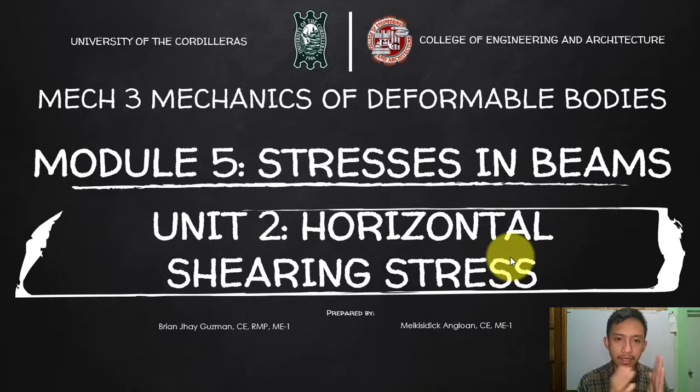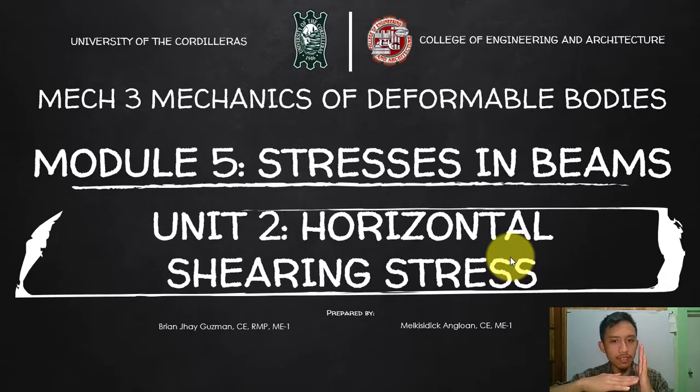This time, together with that bending, if there are now shear forces, and let's say there are additional horizontal forces on the beam, then in the cross section there will be what we call a horizontal shearing stress. The area resisting that shearing stress is the area perpendicular to the cross section, which means it is parallel to the beam.